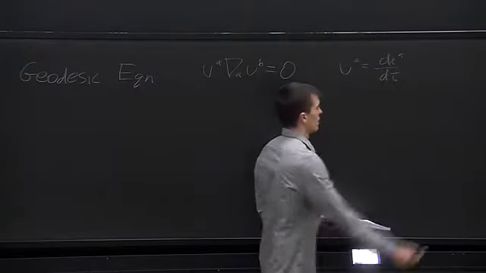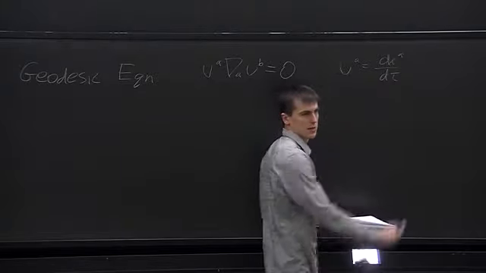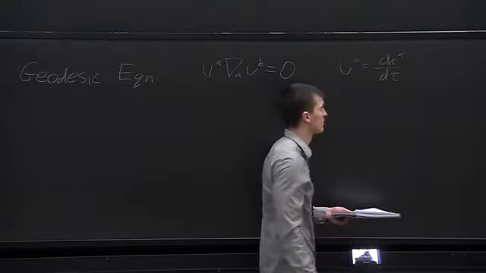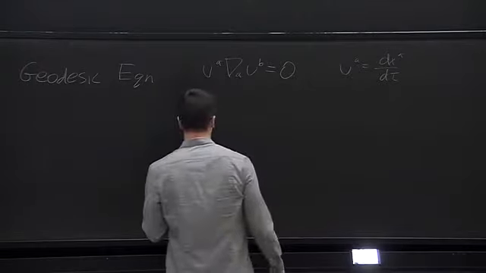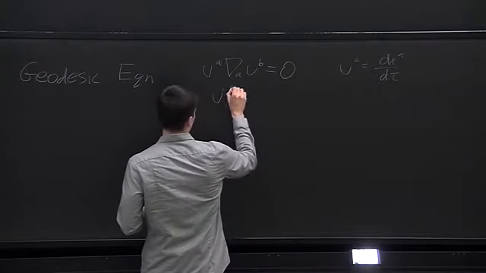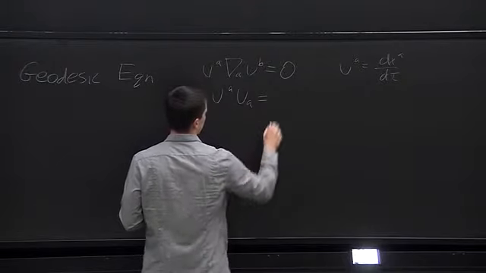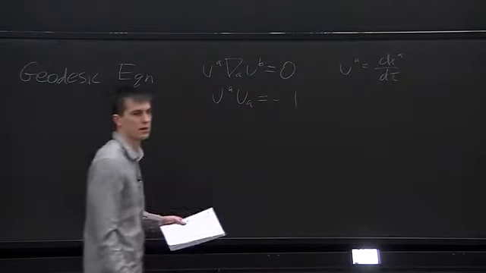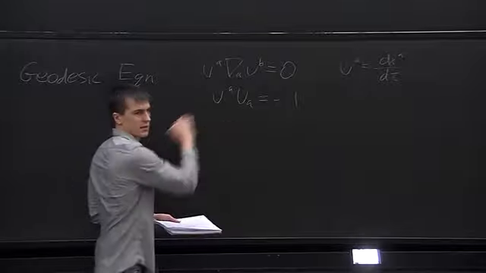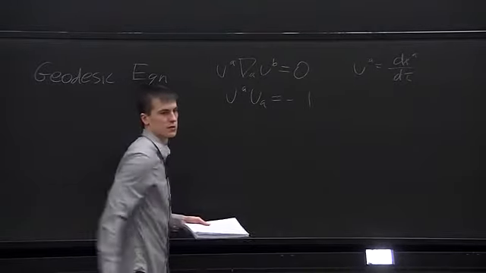Usually for time-like observers, we take this affine parameter to be the proper time. With that choice, our time-like forward velocities satisfy this normalization constraint. If these were instead null geodesics, then this would just be 0.